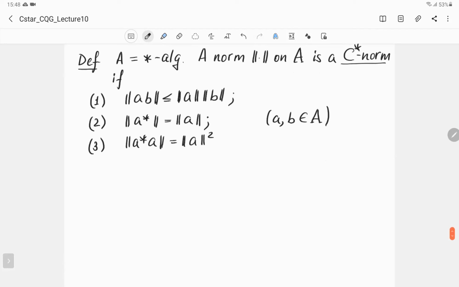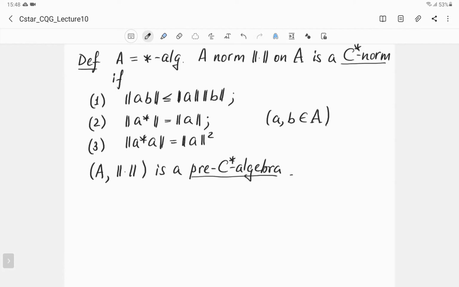And a star algebra equipped with a C-star norm is called a pre-C-star algebra. So the only difference between pre-C-star algebras and C-star algebras is that a pre-C-star algebra is not assumed to be complete. However, it's easy to observe that the completion of a pre-C-star algebra is a C-star algebra.